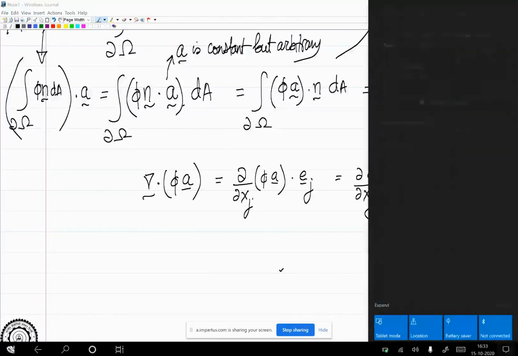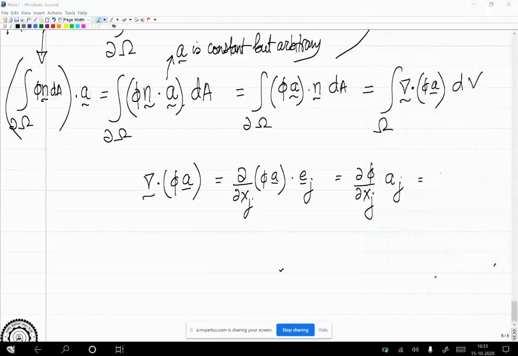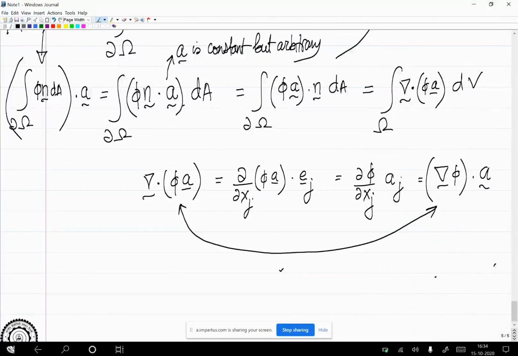And can you see that this is also same as gradient of phi dot with A? Do you think it is the same thing? Right?